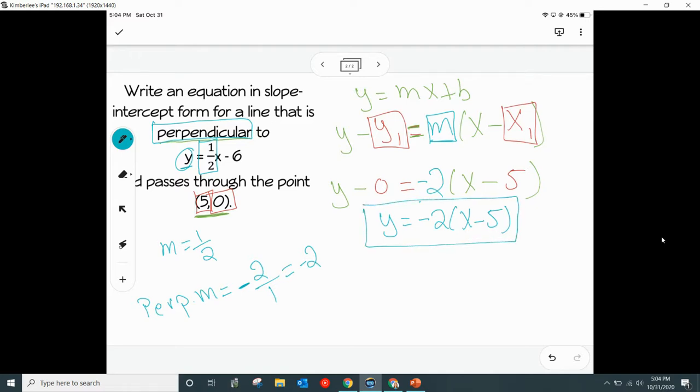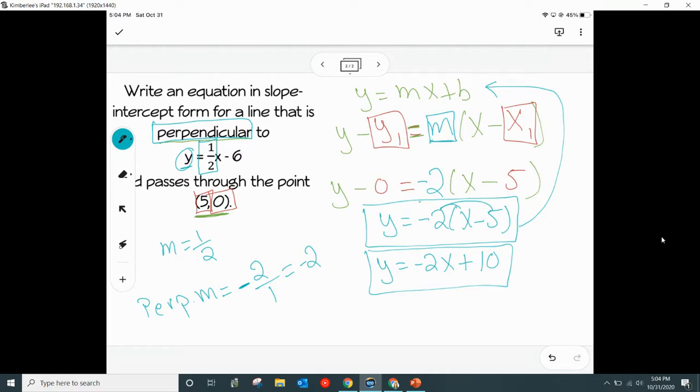But now let's say, because this problem asks us to put it in slope intercept form, so they want us to take it back to this as our final answer. Well, let's go ahead and do that. All we have to do for this one is distribute. y equals, well, negative 2 times x is negative 2x, and negative 2 times negative 5, well, negative times a negative is positive, 2 times 5 is 10. So there are your two possible answers right there.